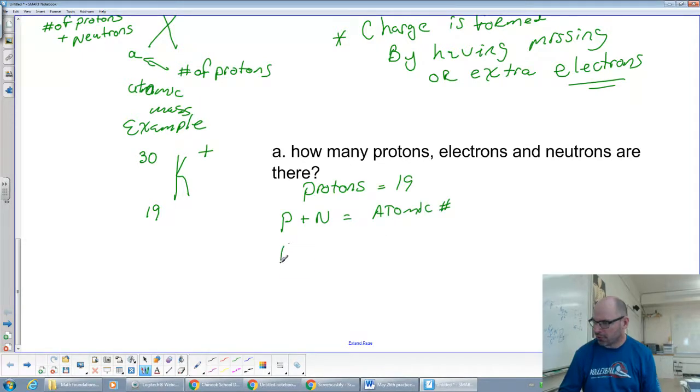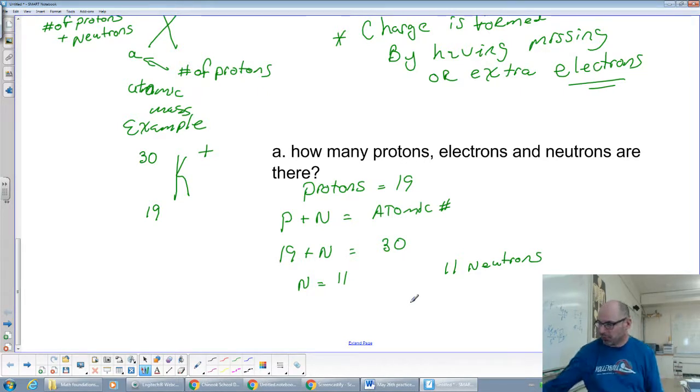In our case, the protons are 19, plus the neutrons is going to equal 30. So that means N equals 11. So there's 11 neutrons.